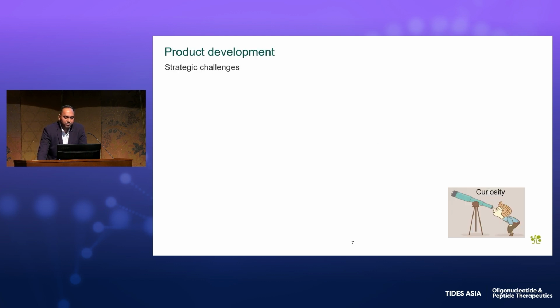So let's take the product development in 2 phases. One is strategic challenges and the other is practical challenges. Because when we talk about peptide product development, we typically form a strategy with our colleagues from process development and analytical development. And they always ask, what is the gold standard? Can we go for the EMA requirement?